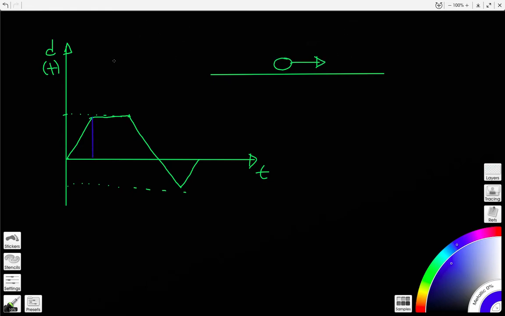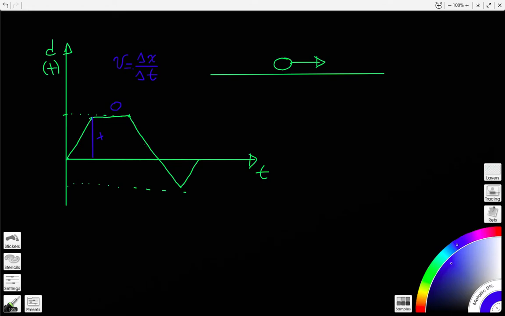Therefore, remember that velocity is the change in position, or d, over a change in time. So from here to here, we have a positive velocity. From here to here, since we are not moving, since we don't have any displacement, we have zero velocity.